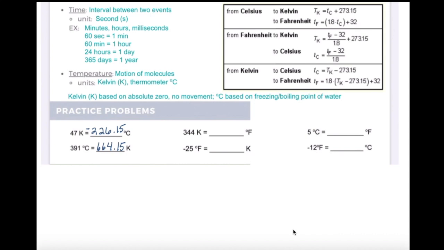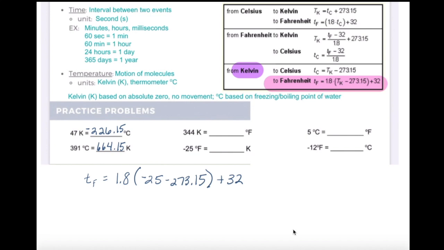For the next one, we have 344 Kelvin. So we're starting with Kelvin, and we're going to Fahrenheit. So this is the equation we'll use. TF, the temperature in Fahrenheit, equals 1.8 times the Kelvin temperature, which is 344, minus 273.15, plus 32.